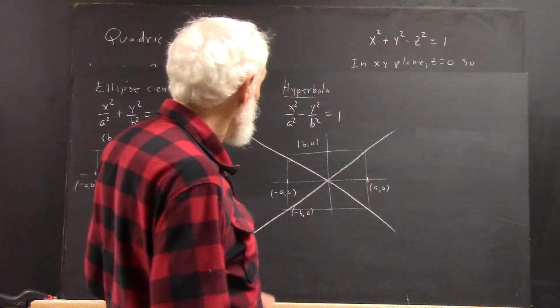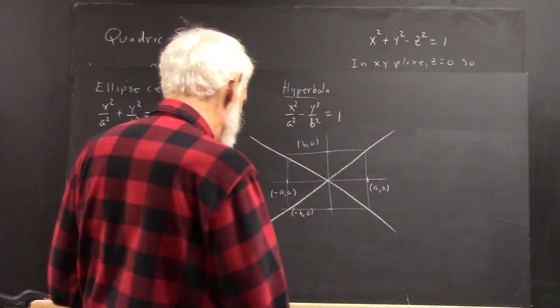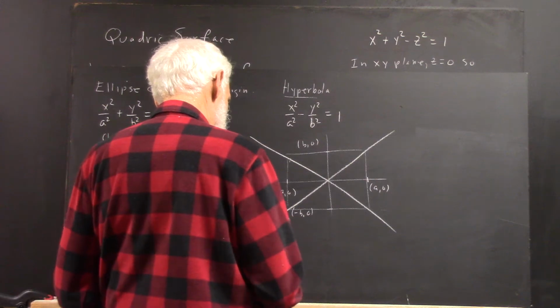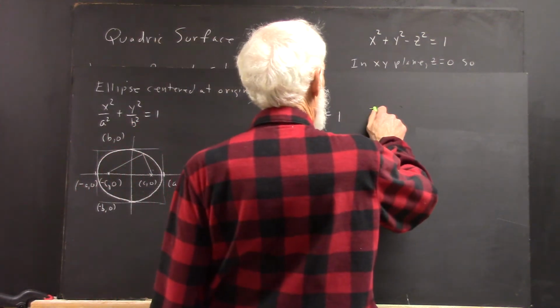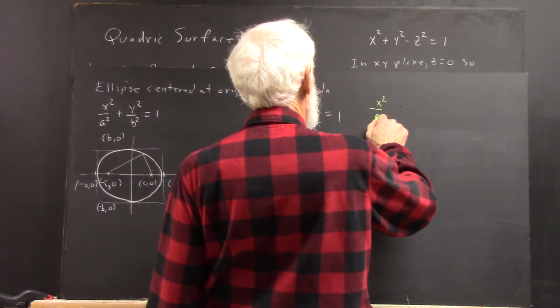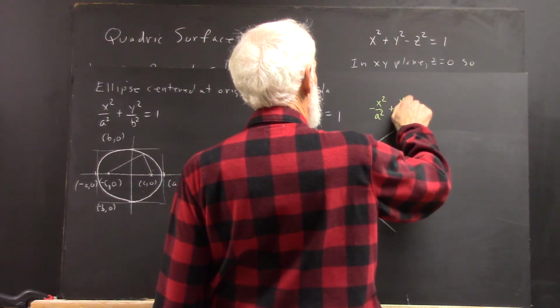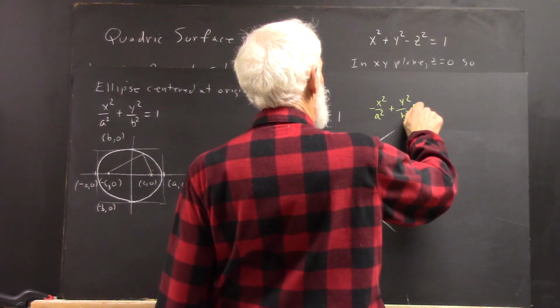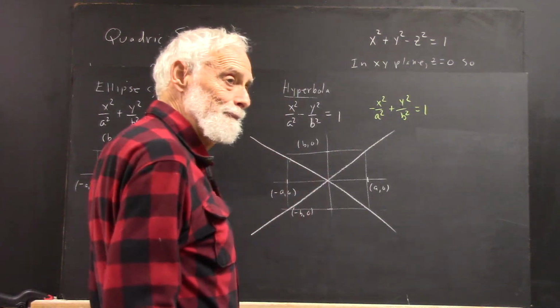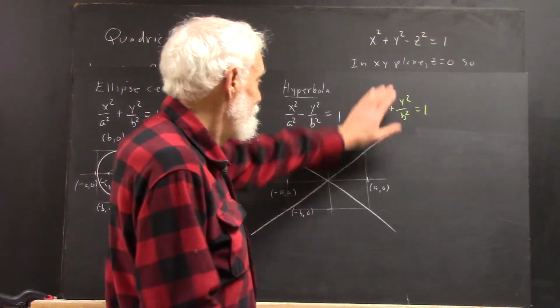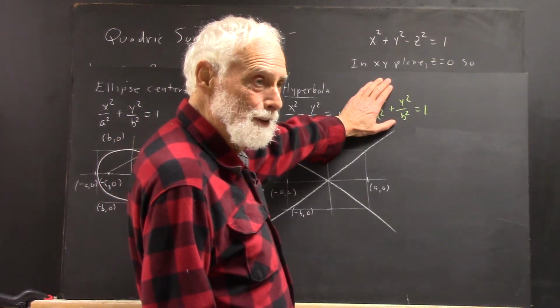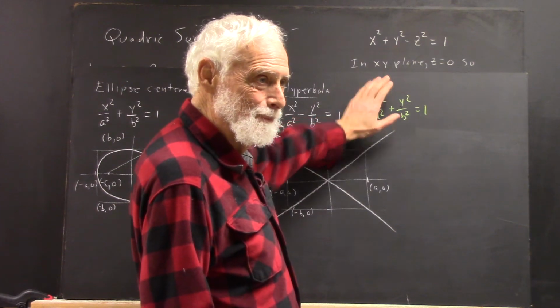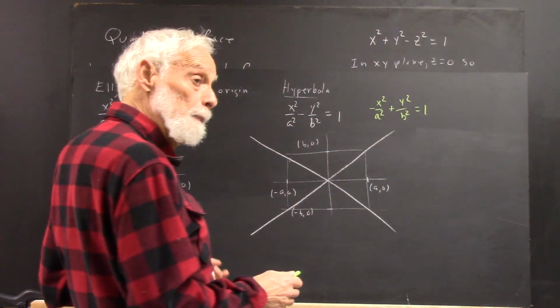So, and of course, if you have this, well then, it's y equals plus or minus b when x equals 0, right? So you have two possible hyperbolas.